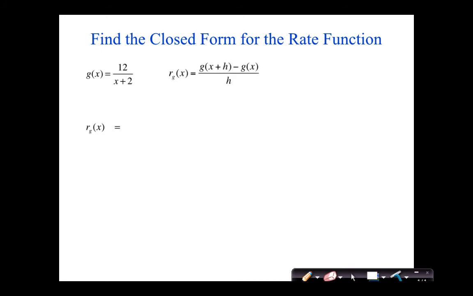Take a couple minutes. Let me see if you can figure out what on earth to do with this. So g of x is 12 over x plus 2. And my goal is to find the rate of change of function g with respect to x, the rate of change of g of x to x, that ratio.